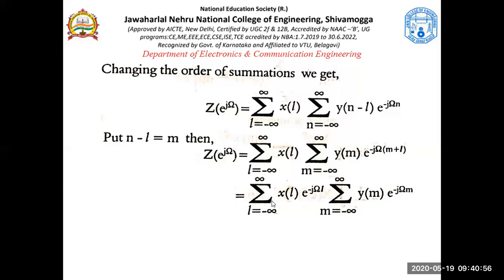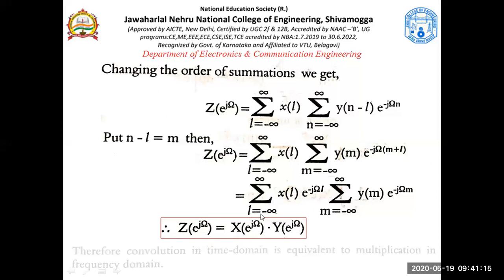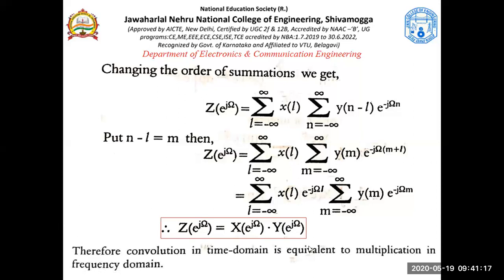So this is X(e^jω), and this is Y(e^jω), and these two are the products. So what is the conclusion we are drawing? The conclusion is that convolution in time domain is equivalent to multiplication in frequency domain.